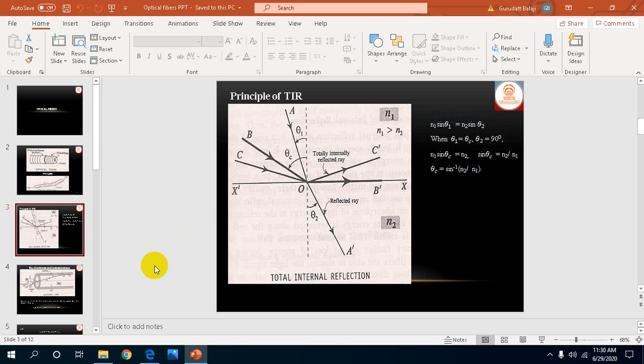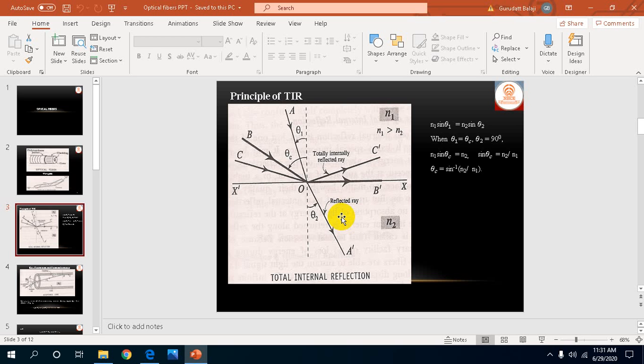What is the importance of this total internal reflection? It is not just one more kind of reflection. It has a very special importance and is unique among the other kinds of reflections. When you consider the surface of a normal mirror, during reflection a certain amount of energy will be lost due to absorption, however good the quality of the reflection.